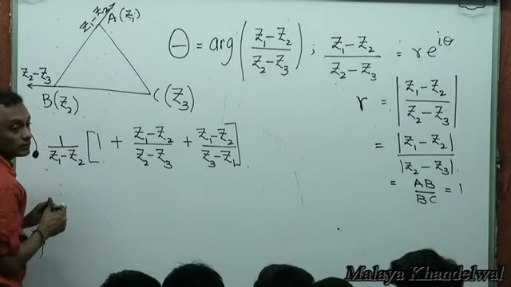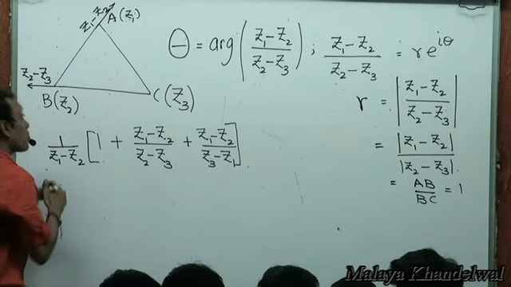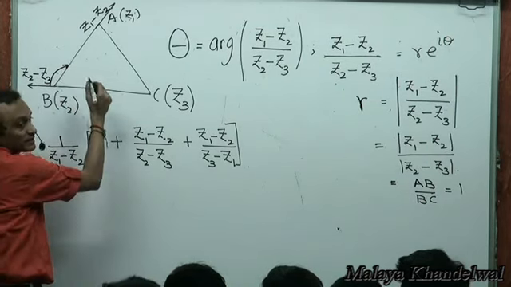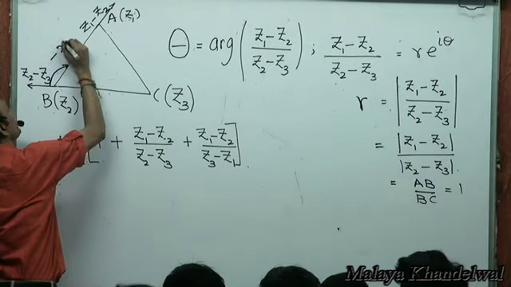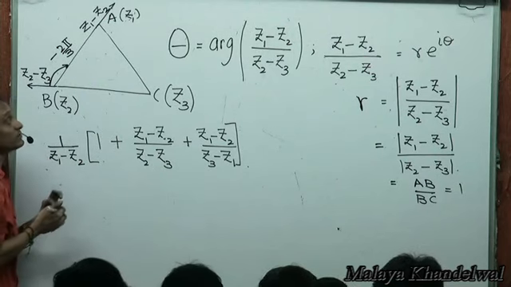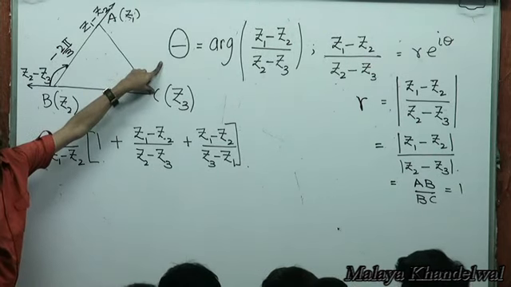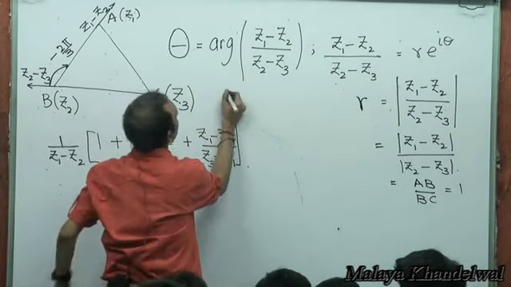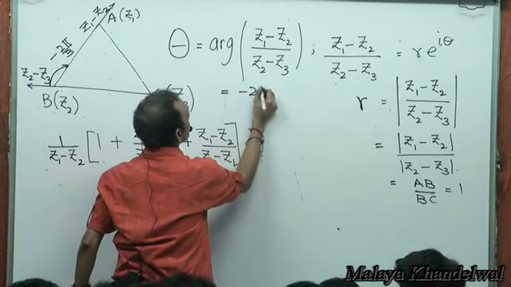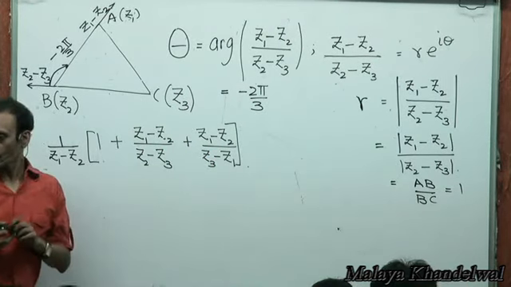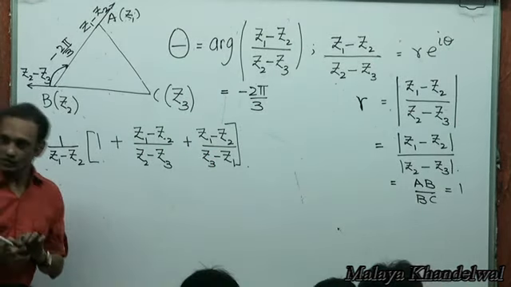How much is that angle? You have to realize that you have to rotate it clockwise. So this angle would be minus 2 pi by 3. So this theta would be minus 2 pi by 3. Yes or no? Right?